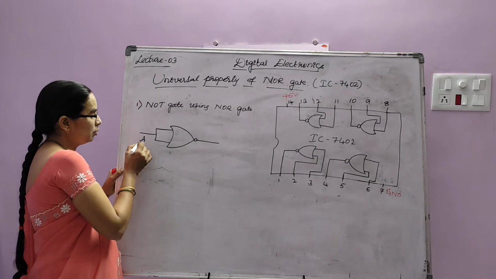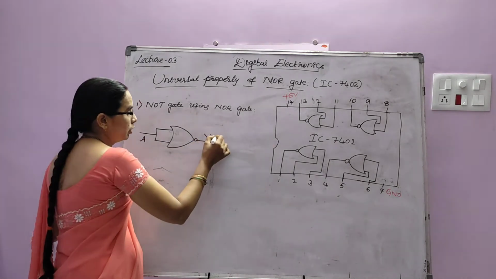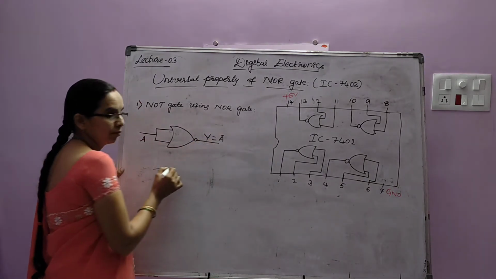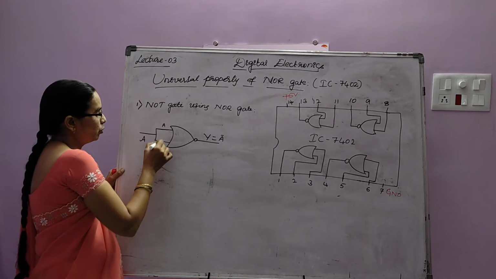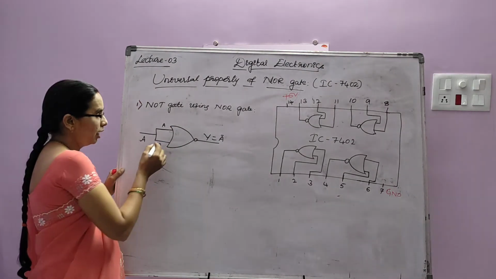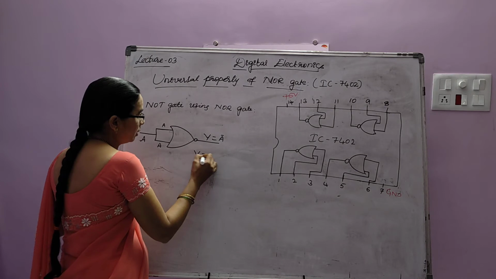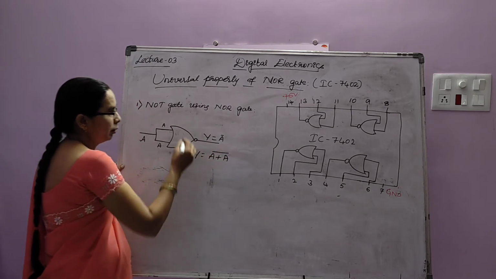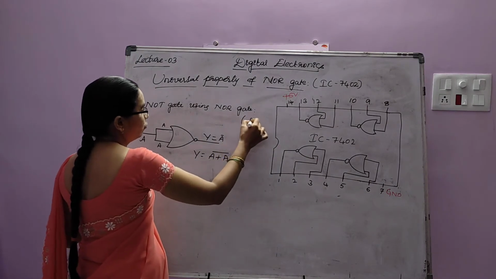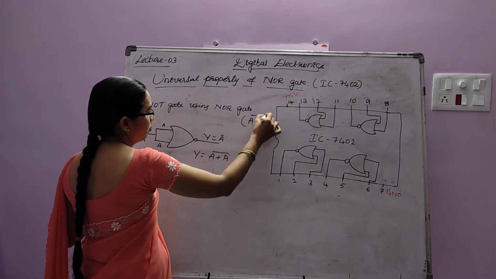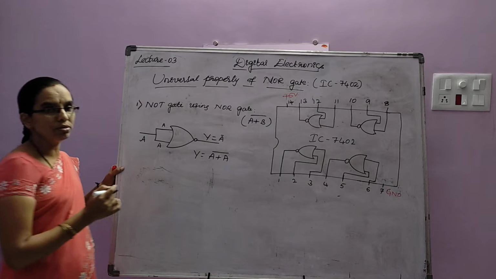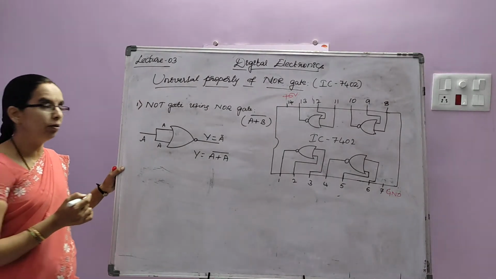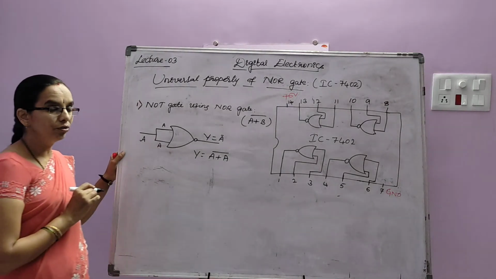Let the input be A, then the output will be A complement. See here both the inputs will be A and A, so the output will be (A or A) whole complement, because the output of NOR gate, if A and B are the inputs, will be (A or B) whole bar.